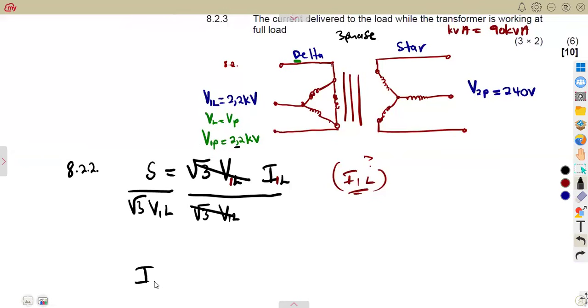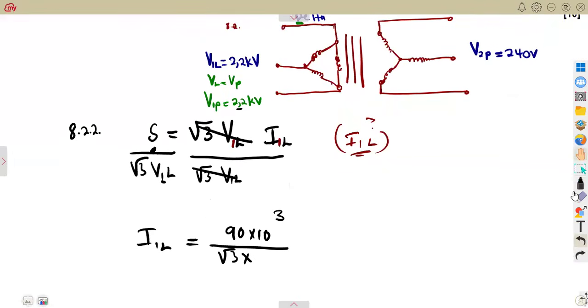That means the primary line current is the apparent power, which is the rating of the transformer that you are given, 90 times 10 to the exponent of 3, over the square root of 3 times the line voltage of the primary side, which is 2.2 kilovolts. So there we are going to obtain the line current on the primary side.